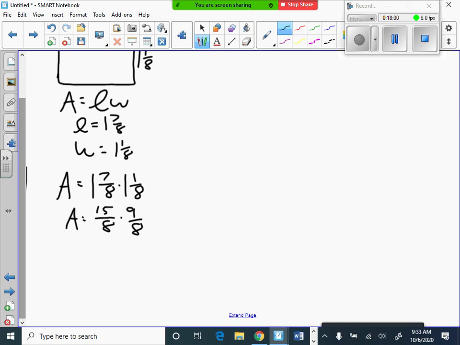Add it together, we get 135. In my head, I was thinking I would do 10 times 15 is 150, minus the extra 15, that's 135. Nice job, Caden. I'll give you credit. Nice job, Aiden. So area equals 135 over 64.